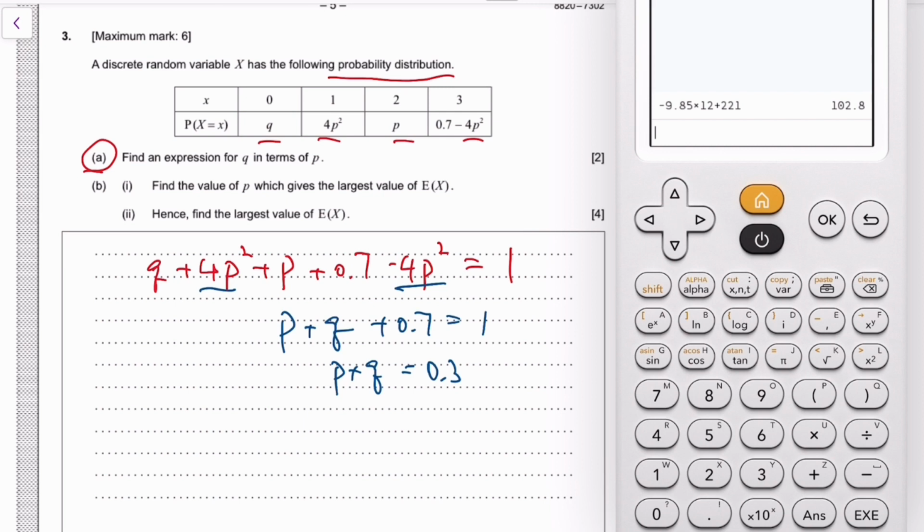The second thing you need to know for a probability distribution is how you find the expectation. Expectation is the value of x times the probability, plus the same, plus the same, plus the same. So 0 times q plus 1 times 4p squared plus 2 times p plus 3 times that.